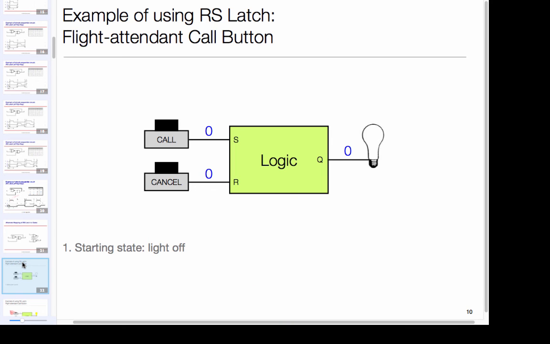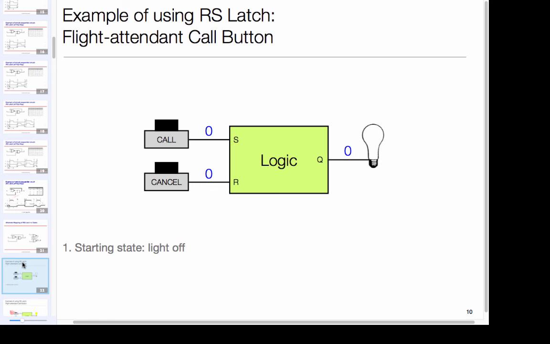Even this simple circuit can be useful. Let's look at a very simplified example of a sequential system. I'm sure all of you have traveled on airplanes, and you know there are buttons on top of your seat, which are the flight attendant call buttons.